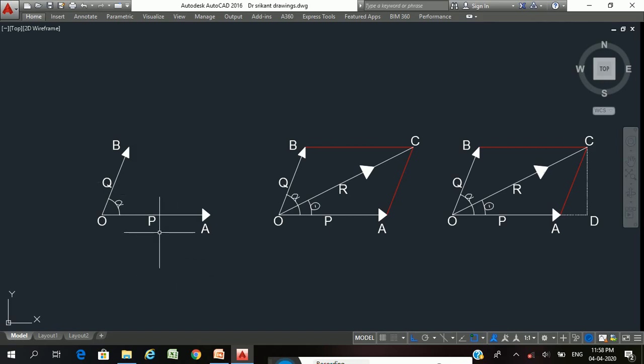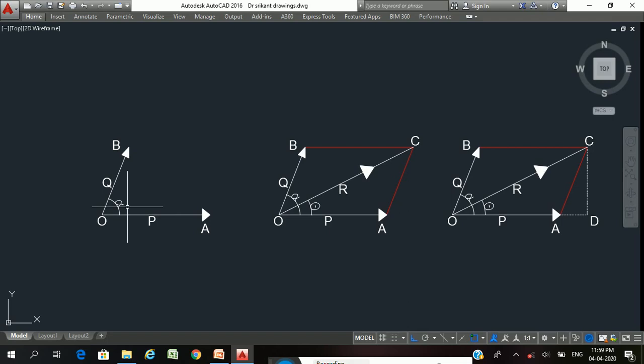Let two forces P and Q act at point O such that the force P is represented in magnitude and direction by line OA, and force Q is represented in magnitude and direction by OB, and these two forces, P and Q, are acting at an angle alpha to each other.